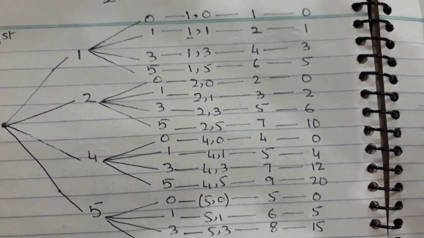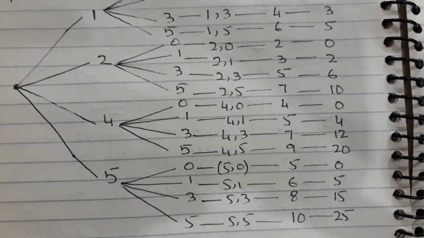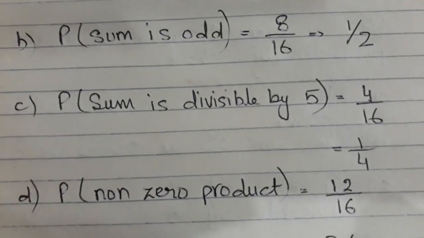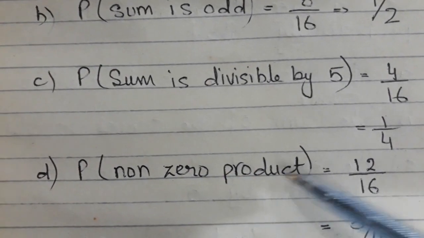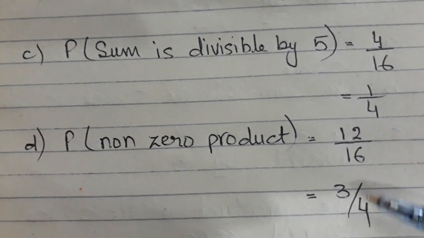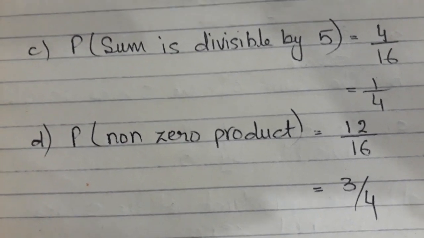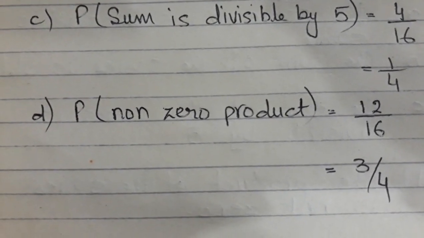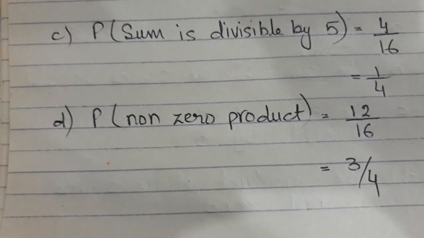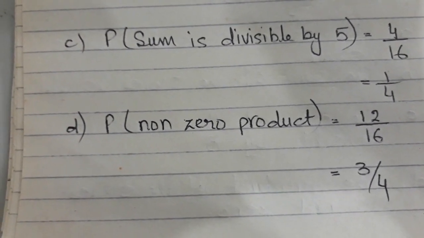So 16 minus 4 is 12. So I can say that the probability of a non-zero product is 12 out of 16, which is 3 out of 4. So this is how you use your tree diagram to answer probability questions.